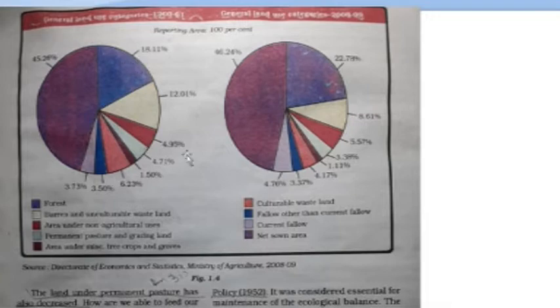These two pie charts are showing general land use categories during the year 1960 to 61, and during the year 2008 to 2009. So what are the differences? First, see this chart here. These colors are representing how these lands are being used.